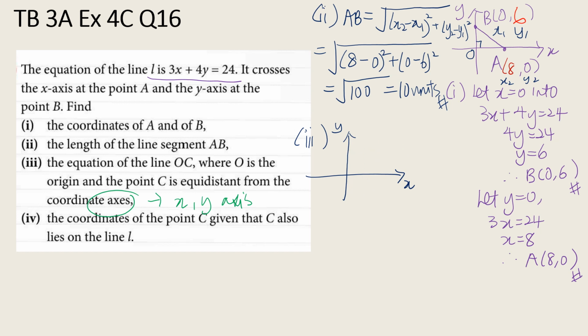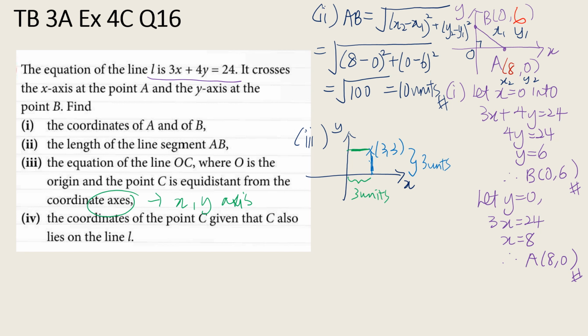Let's start with the point 3, 3. Let's drop a line here. So this one will represent your y coordinate, which is 3 units, and this will represent your x coordinate, which is also 3 units. So can you see this point 3, 3 is equidistant from both axes? Both of them have 3 units.